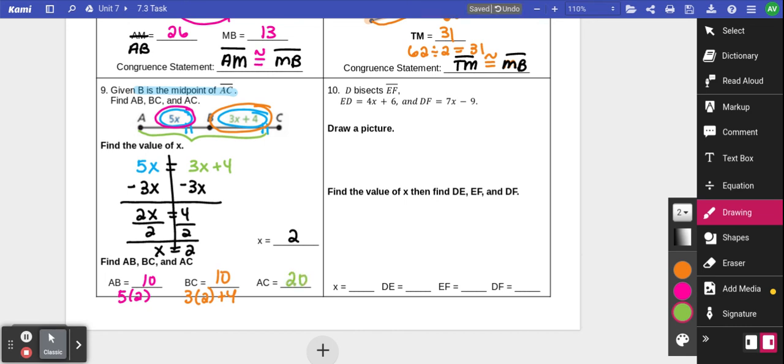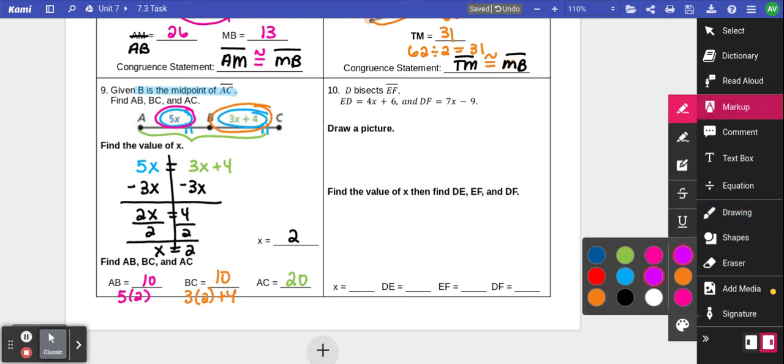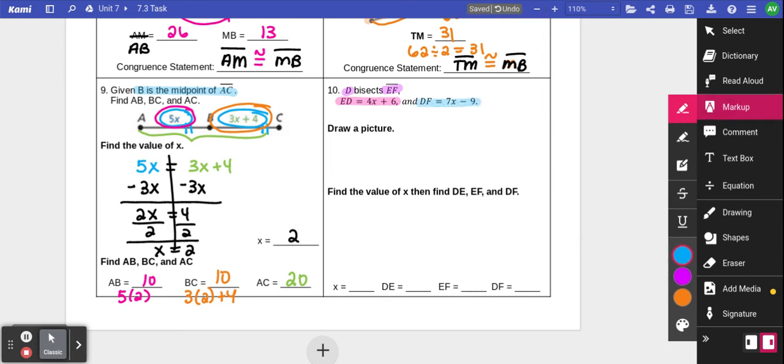The last problem we're going to do today is this one. It says here in the instructions that D bisects segment EF, and ED is equal to 4x plus 6, while DF is equal to 7x minus 9. The first thing it asks me to do is draw a picture.